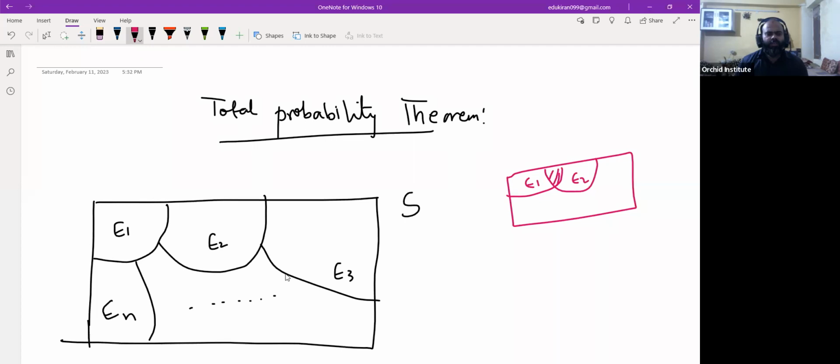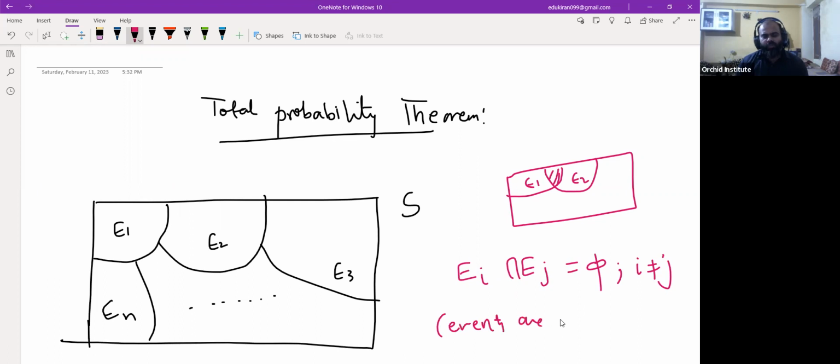So you can say that any Ei and any Ej, if you take their intersection, it is equal to phi if i is not equal to j. It means that events are mutually exclusive. This is the first condition.